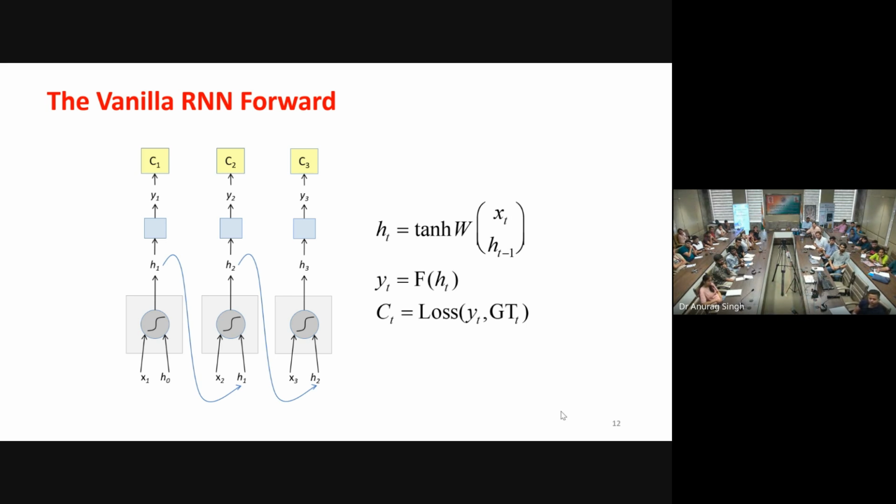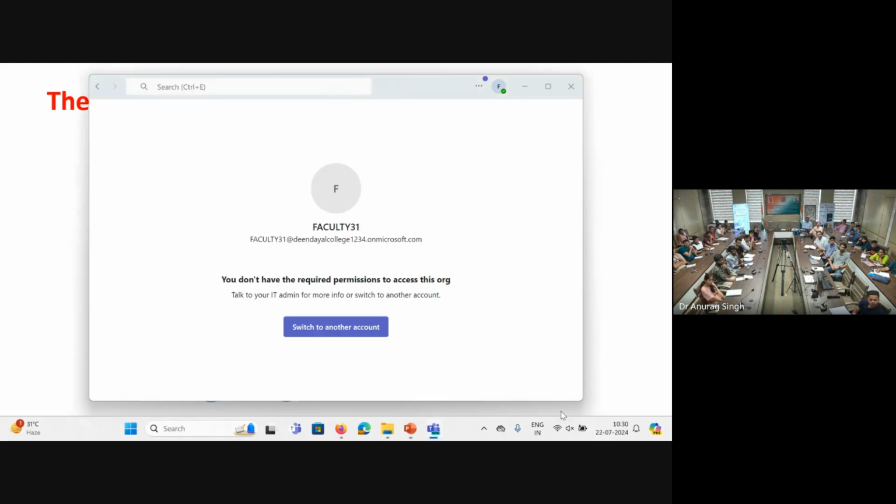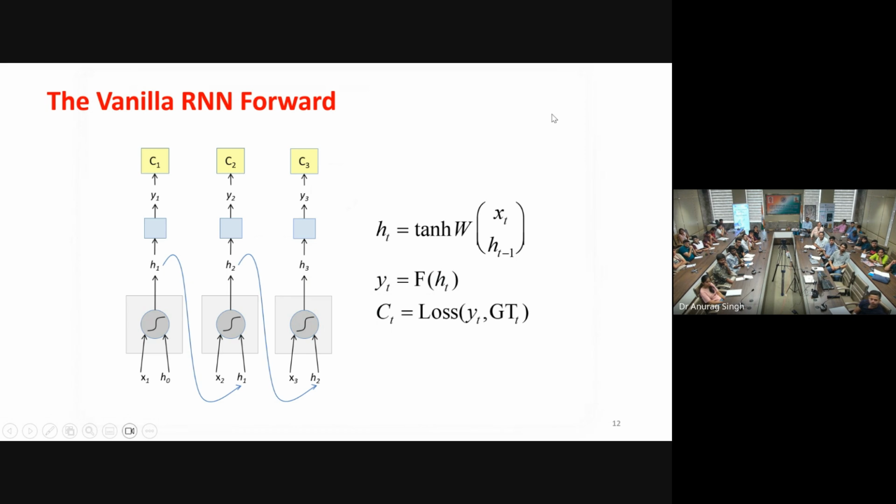So, what is the loss at this point? The loss I can compute. If the output you expected is GT1, but you are getting output Y1, can you compute what is the error?